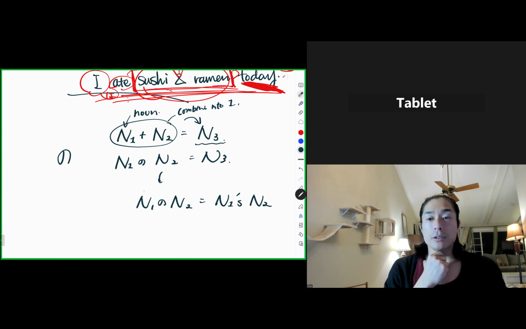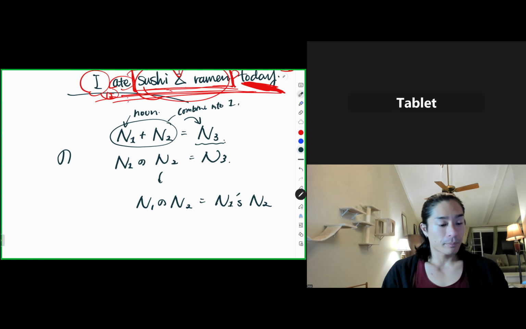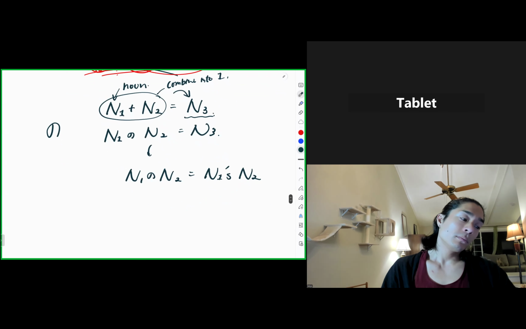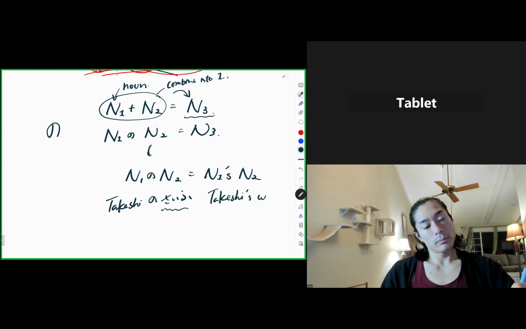Noun one, no, noun two means noun one's noun two in English. For example, たけしの財布. Takeshi's wallet, right?